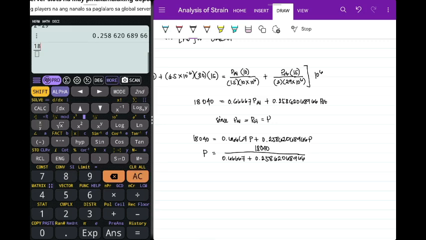Now we can solve for our P, which is 18,040 divided by 0.66667 plus 0.25862068966.